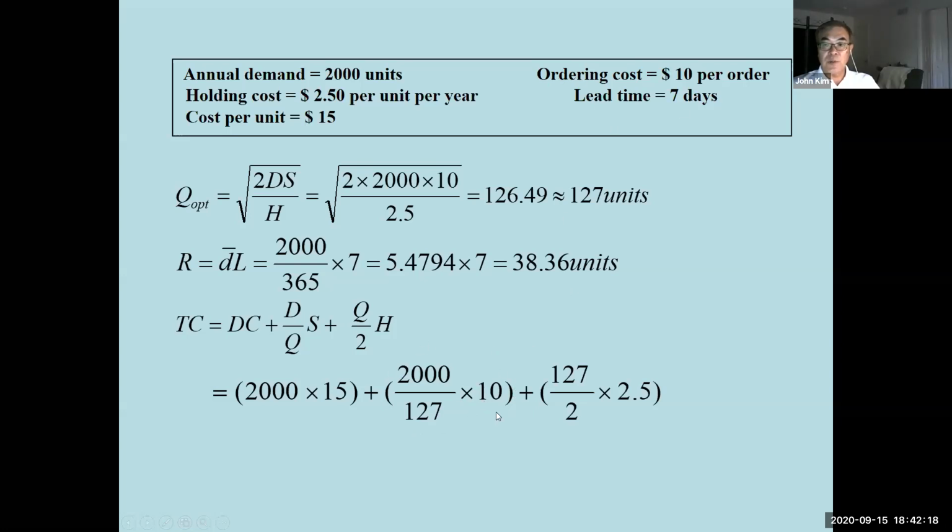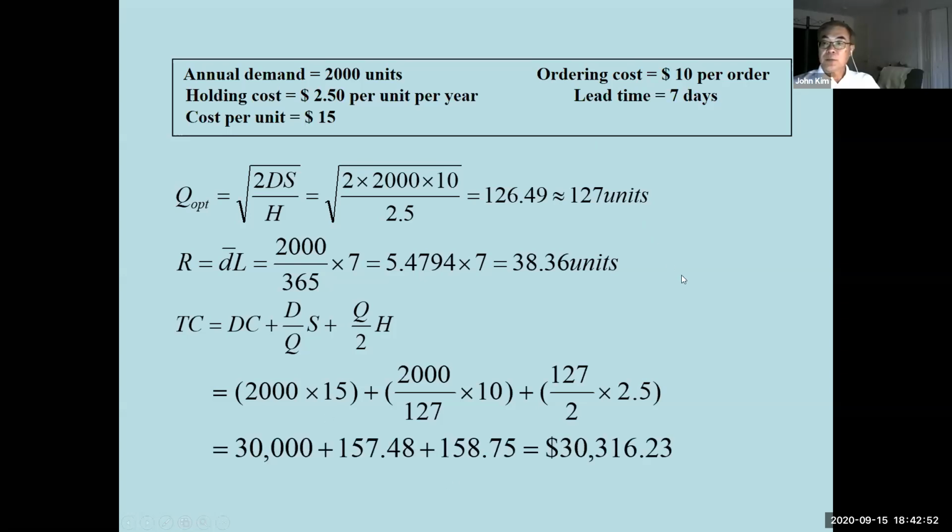So this one is annual order cost, plus annual holding cost: average inventory Q divided by 2, average inventory level times holding cost 2.5.